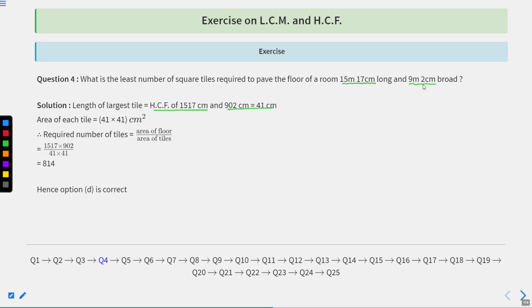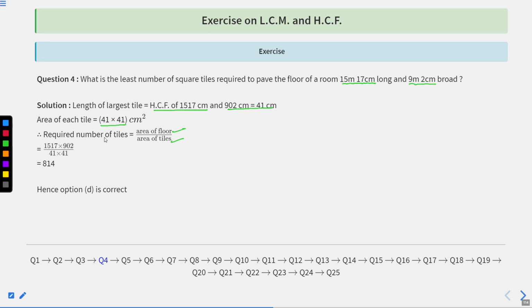Then we start solving because when we have complete numbers in the same unit, the calculation becomes easier. Now, since the length of the largest tile is known, the area of each tile will be 41 to the power 2 centimeter square.